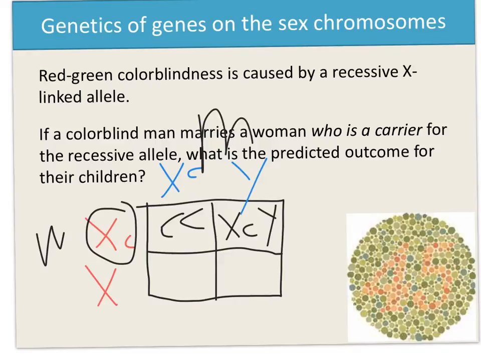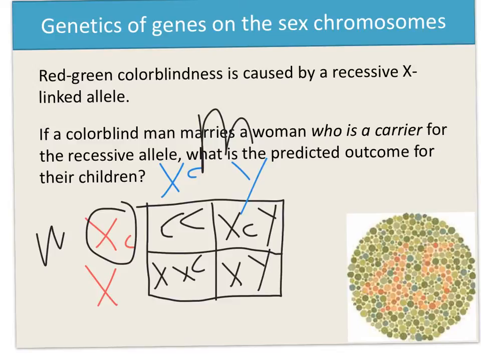Okay, now on the bottom here we have a normal X and an X^C, so that's a carrier, and we also have an X and a Y.